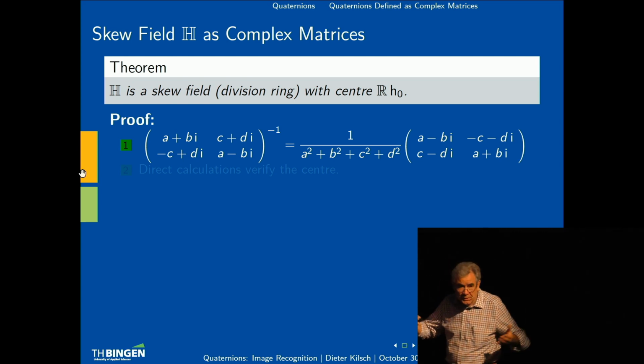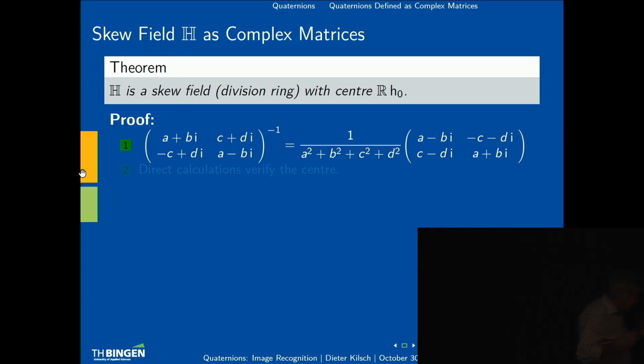and you just do it in the standard matrix way. You divide by the determinant, you exchange the diagonal elements, and the non-diagonal elements get a minus sign. Then you have the inverse. This is standard from matrices.